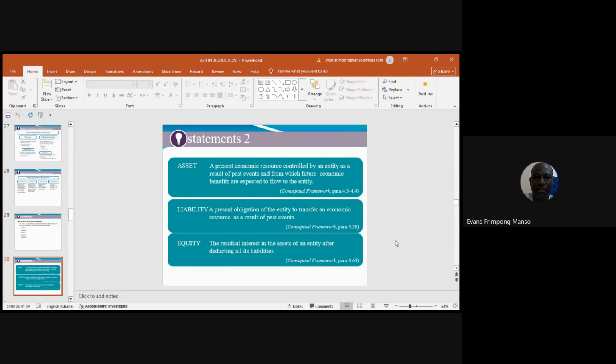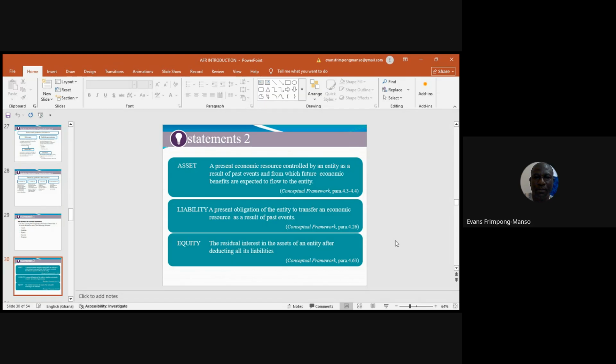If I promise to pay on Tuesday and I give you the money on Tuesday, something happened in the past before I am paying you. So my obligation to pay you on Tuesday is as a result of something that happened in the past. That is called a past event. So a present obligation of the entity to transfer an economic resource as a result of a past event.